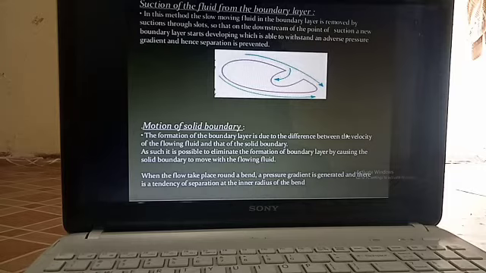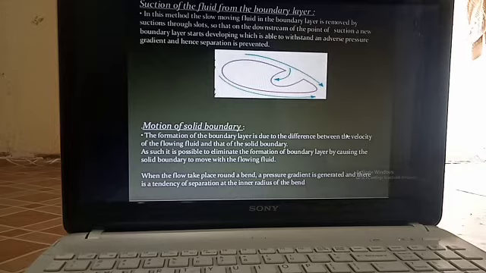The formation of the boundary layer is due to the difference between the velocity of the flowing fluid and that of the solid boundary. As such, it is possible to eliminate the formation of the boundary layer by causing the solid boundary to move with the flow. When the flow takes place around a bend, a pressure gradient is generated and there is a tendency of separation at the inner radius of the bend.